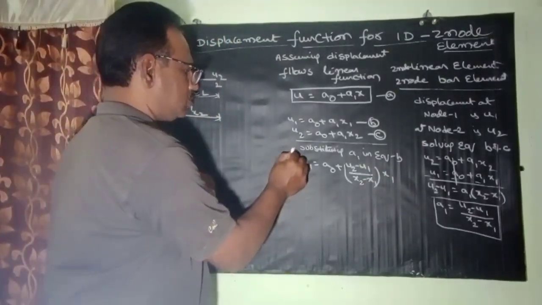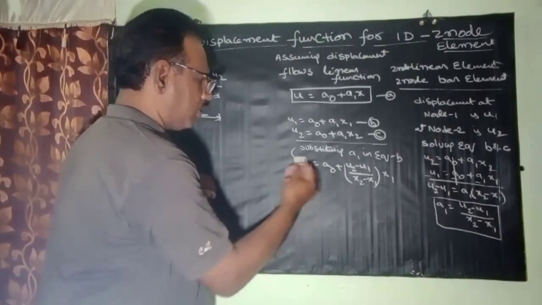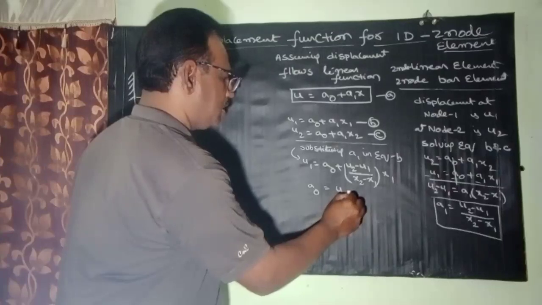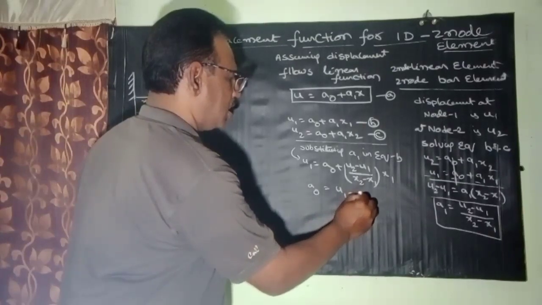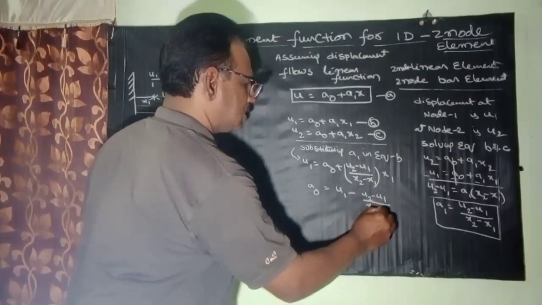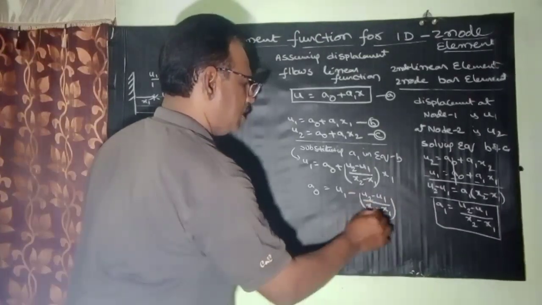Now I can simplify this one. a0 equals u1 minus u2 minus u1 by x2 minus x1 into x1.